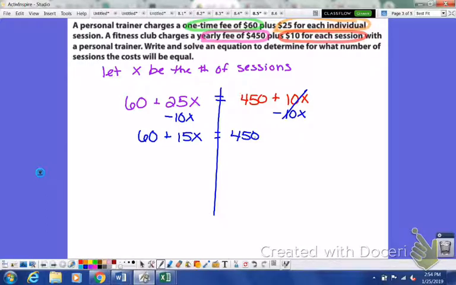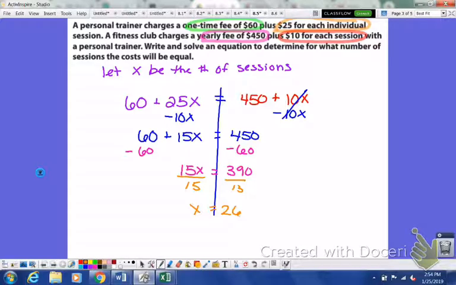Okay, so my variables are on the same side now. I want to work getting my constants on the same side. Positive 60, so we're going to subtract 60. 15x equals 390. And one last step, divide both sides by 15. And we get x equals 26.